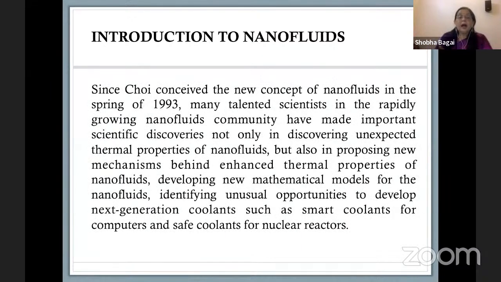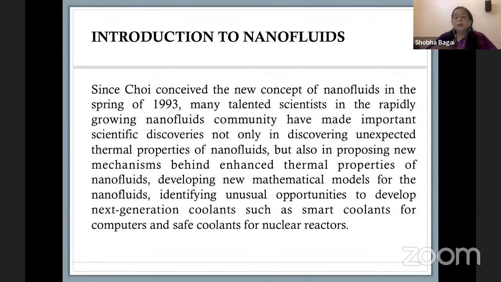And after that, of course, by the time the article came it was 1995, but it was during the early 90s, in fact 92, 93 onwards, that scientists were rapidly trying to make these nanofluids, in fact to make the nanoparticles.